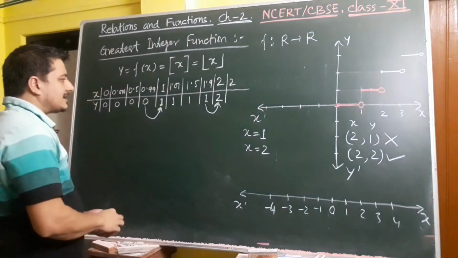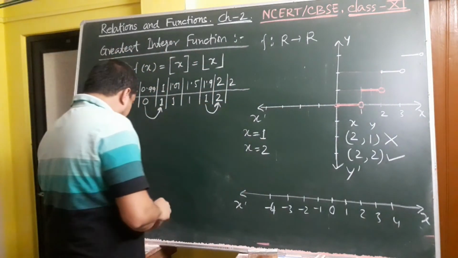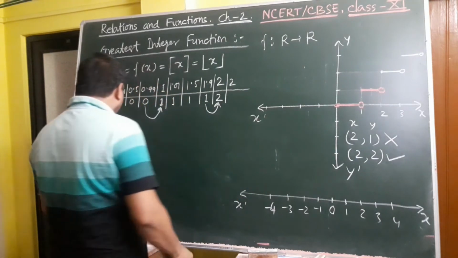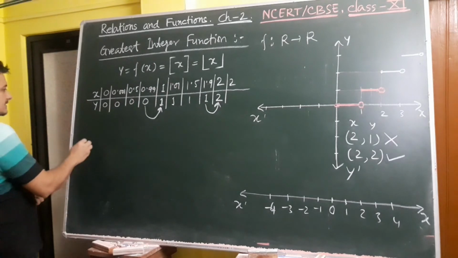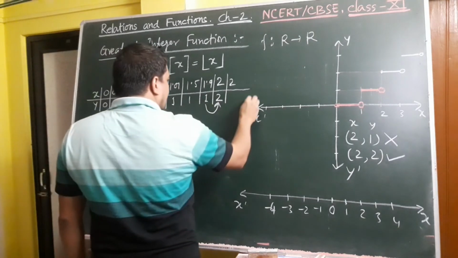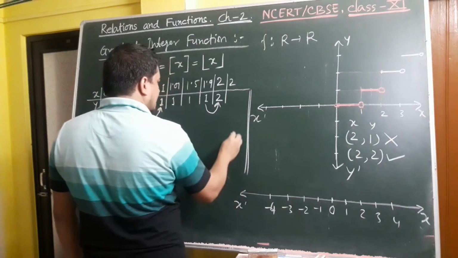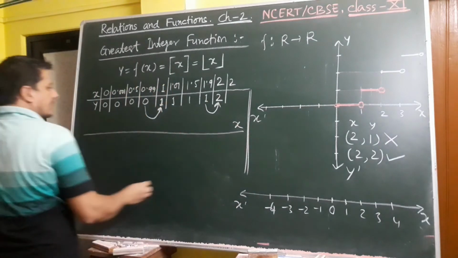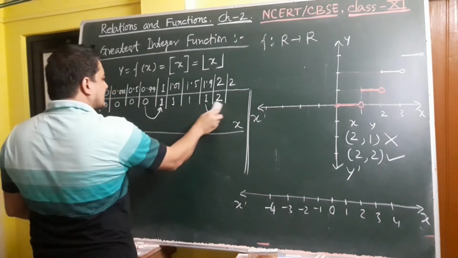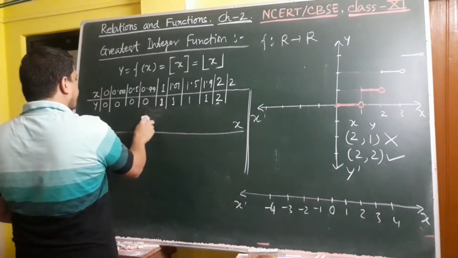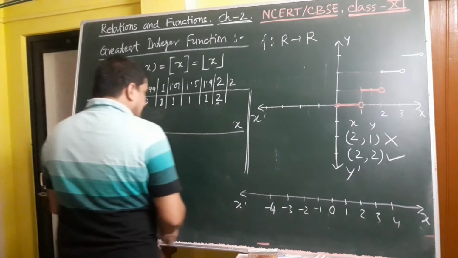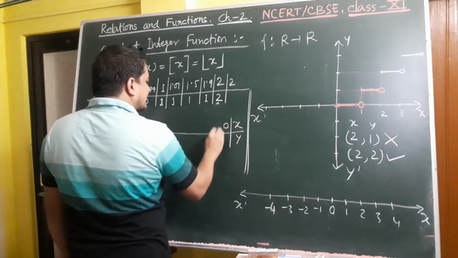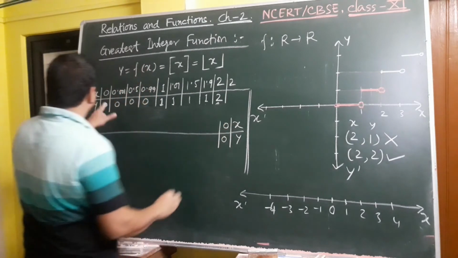Similarly, now we shall draw it by taking some negative values of x. So first I'll start from this end. Say this is x and say this is y. If x is 0, then y is also 0, that we have already taken.